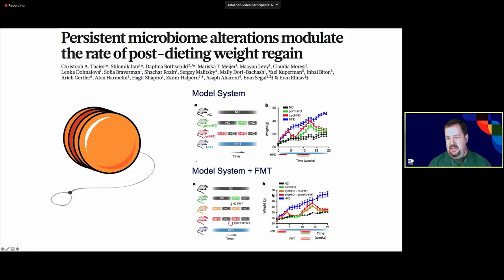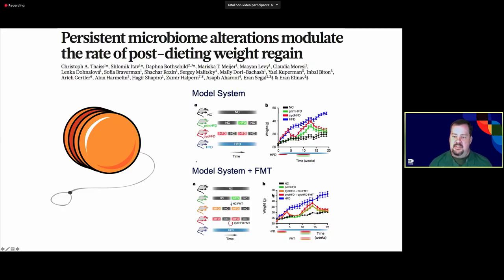If you switch him back to normal chow or put him on a diet, basically, the weight goes down. But then when you switch back to the high-fat diet again, instead of continuing at that sort of continuous rate, he jumps back up to where he would have been if he'd just been eating the same high-fat diet the whole time. And this is the basis behind yo-yo dieting. And so why is it that, when you lose weight, you just gain it all right back and more?